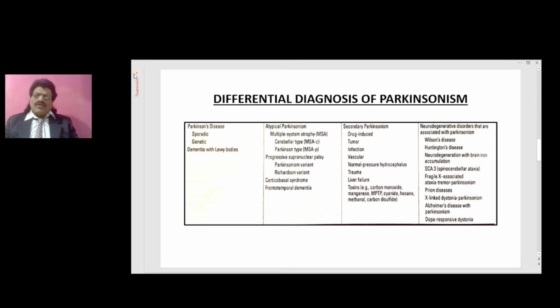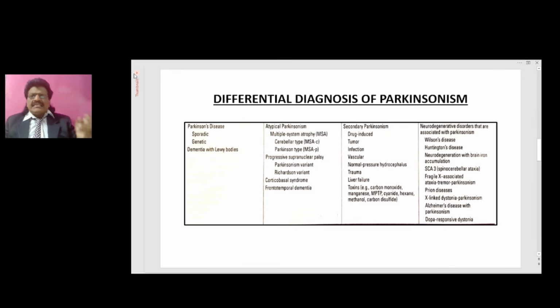Then we have corticobasal syndrome, usually seen with an alien hand syndrome. The hand is not under their control. Then we have frontotemporal dementia. So atypical Parkinsonism: multiple system atrophy, cerebellar type, Parkinson's type, progressive supranuclear palsy, Parkinsonism type, Richardson variant, corticobasal syndrome, and frontotemporal dementia.